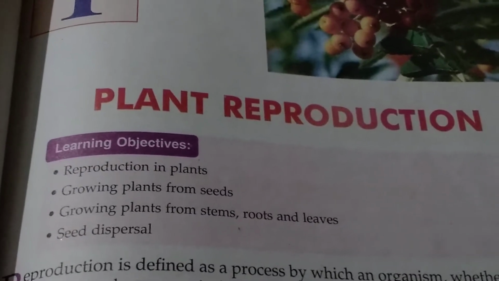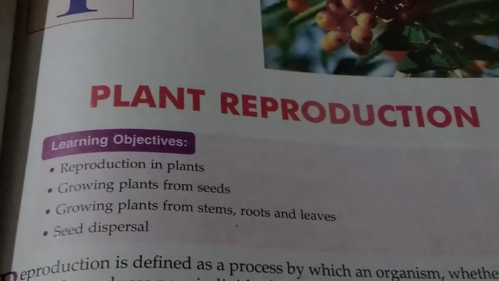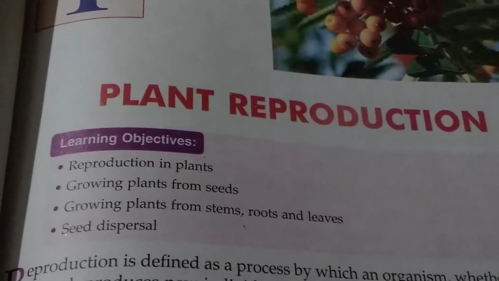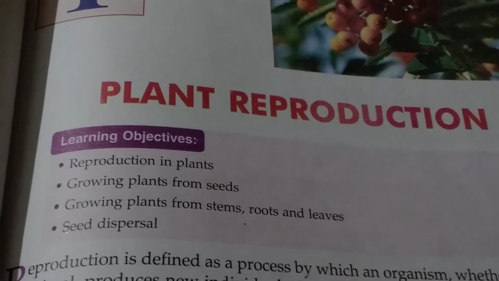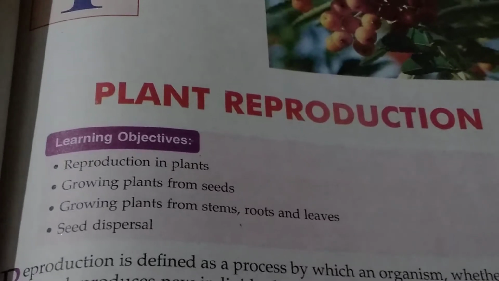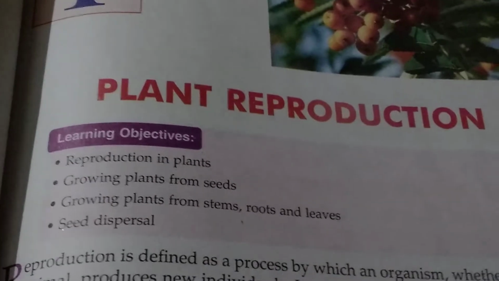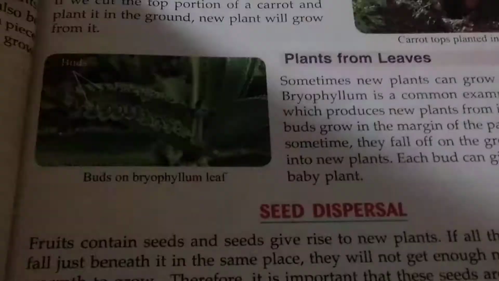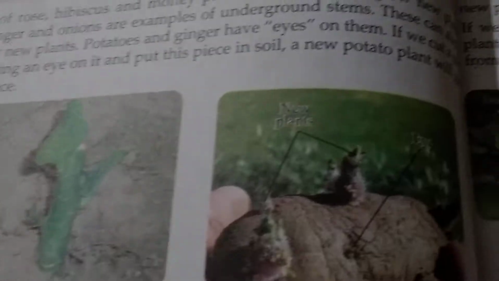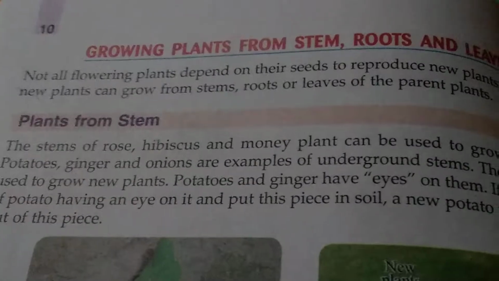The process of a seed developing into a new plant is called germination. A seed needs water, warmth, and air to germinate. Okay? And now, today we will learn about growing plants from stems, roots, and leaves.